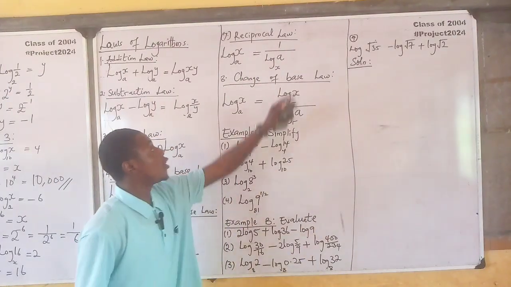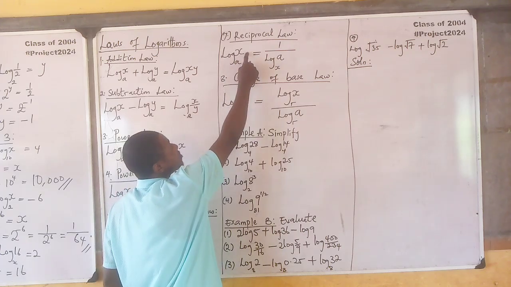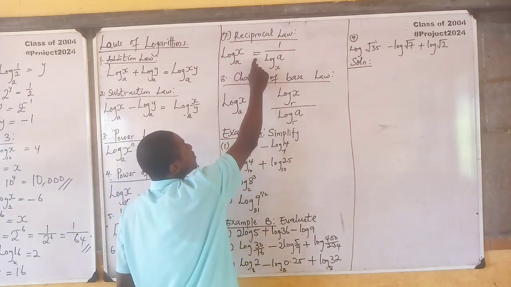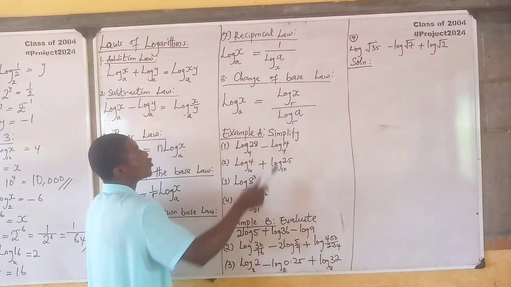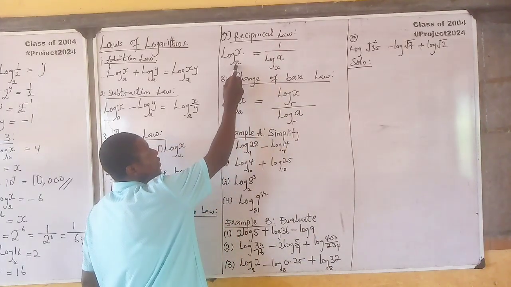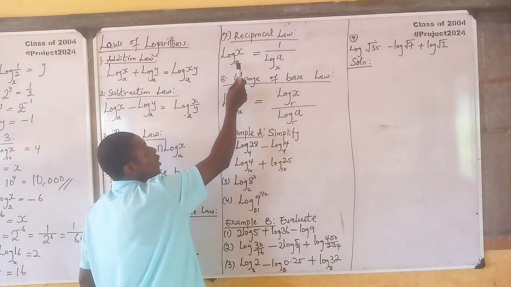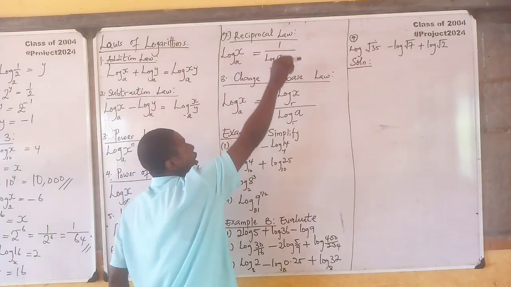The reciprocal law says that log of x to base a is the same thing as 1 all over log of a to base x. So if you want to turn this particular base to become the log itself, you change their position, but you introduce 1 all over.